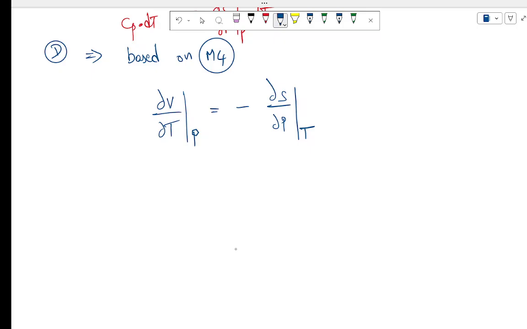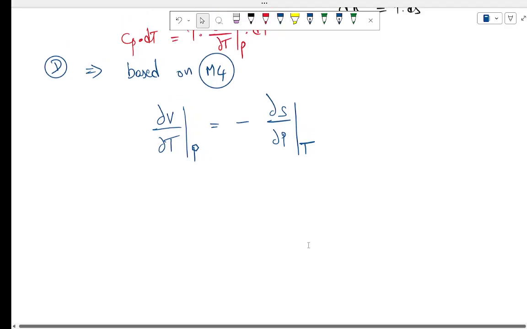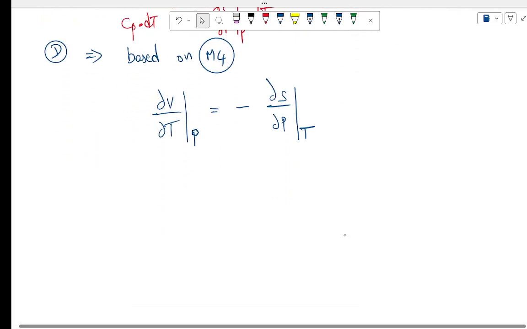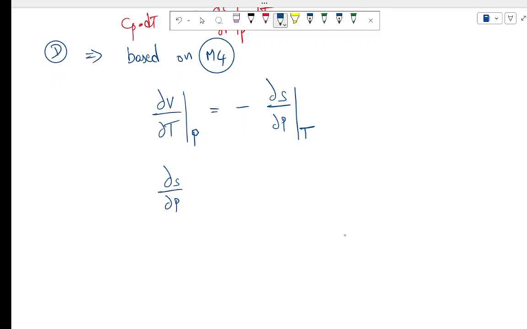The same expression can be transformed here in order to get this ∂S/∂P in the positive form. So what I can have here is ∂S/∂P at constant temperature will be equal to minus of ∂V/∂T at constant pressure. So simply I have taken the minus onto the other side, that's it.